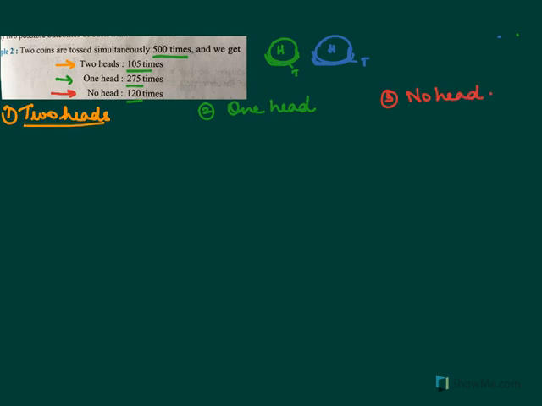Now to find the probability for two heads, what is the number of favorable outcomes? How many times did two heads come? 105 times. So favorable outcomes was 105. And the total outcomes was 500.